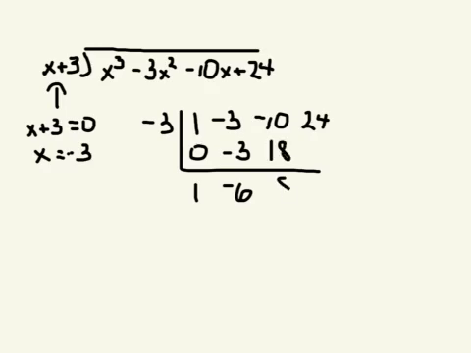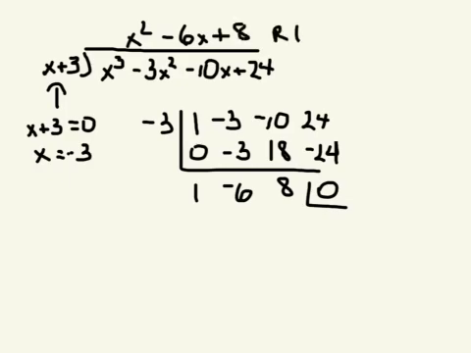Add. Negative 3 times 8 is negative 24. Add. I get 0. The 0 is my remainder, and these others are my coefficients, and I can write down the answer. It's x squared minus 6x plus 8 with a remainder of 0.